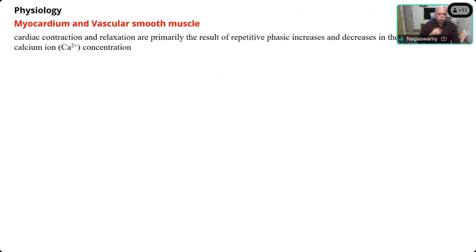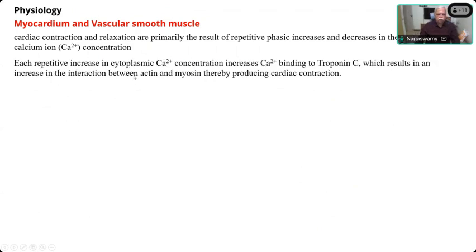Now coming to the physiology, the action on myocardium and vascular smooth muscle is more important for us as anesthesiologists, because cardiac contraction and relaxation are primarily the result of repetitive phasic increase and decrease of calcium inside the cytoplasm of the myocytes.